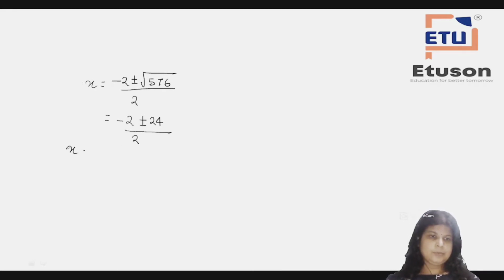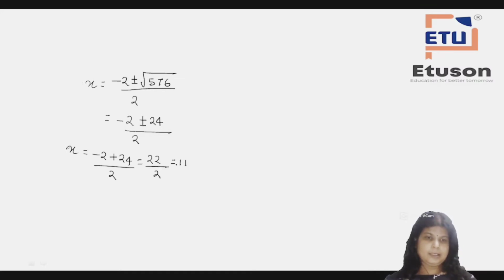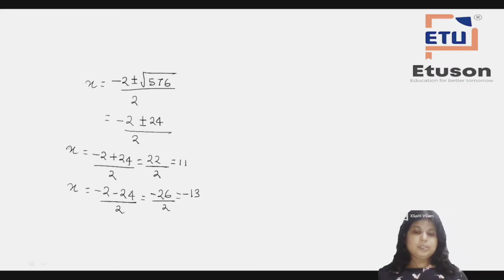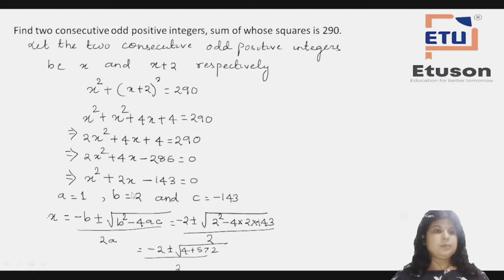So x will be equal to, taking the positive first, minus 2 plus 24 divided by 2, which is 22 divided by 2, that is 11. And taking the negative sign, it becomes minus 2 minus 24 divided by 2, that is minus 26 divided by 2, that is minus 13. Just remember, in the question it is given that they are positive integers.